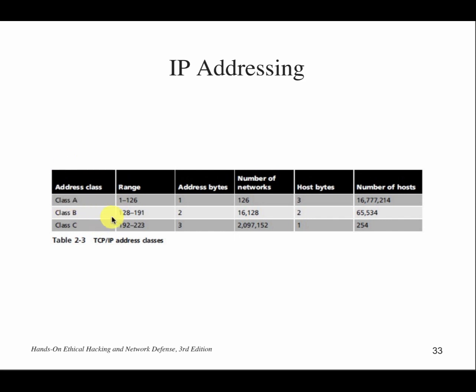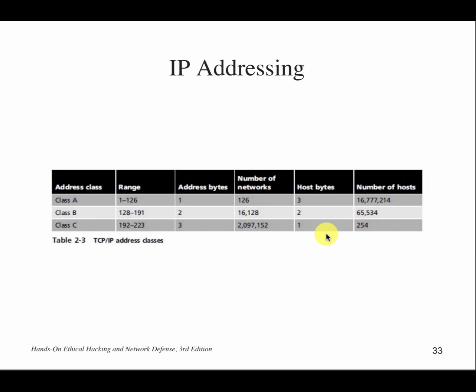Class A is going to range from 1 up to 126. I'm going to talk about this in more detail later, but keep in mind that each class is going to have a range and a number of networks that can be stored within this class.